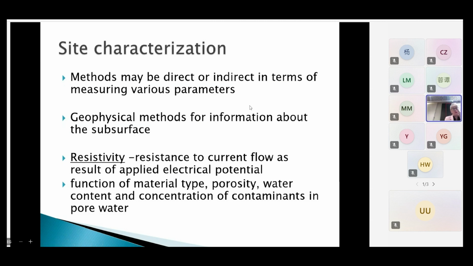there are both direct and indirect methods that can be used to characterize the site. So the geophysical methods can be used to look at the subsurface. So these are what we call indirect methods, because they don't give you specific information, but they kind of imply what's there.